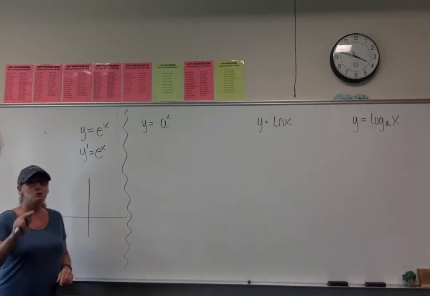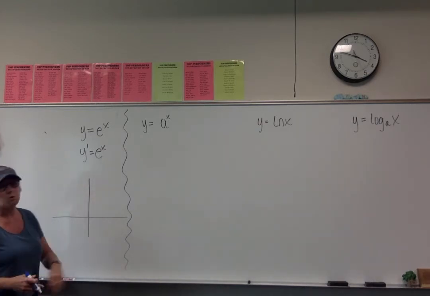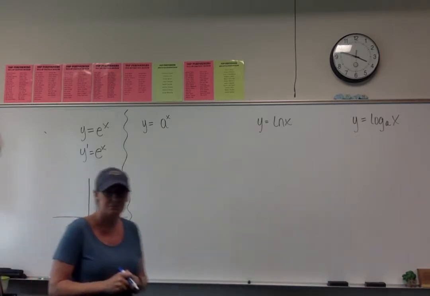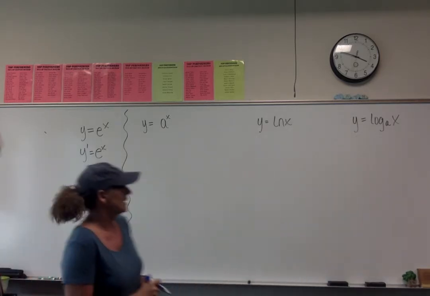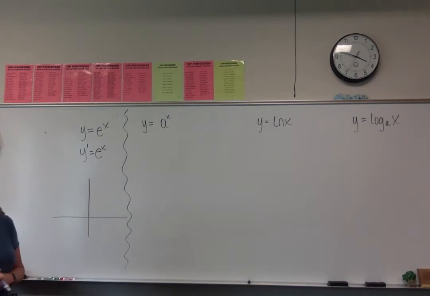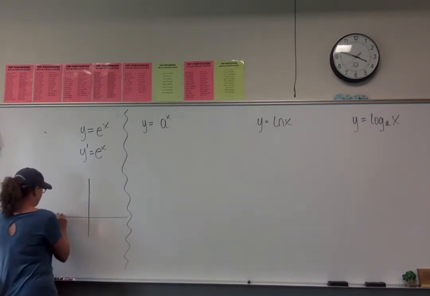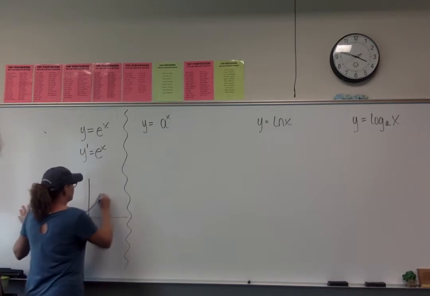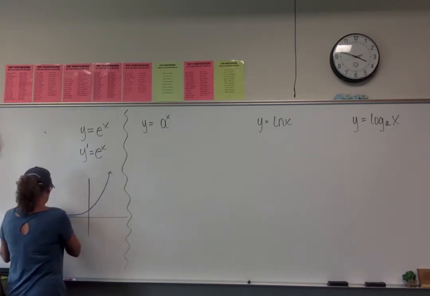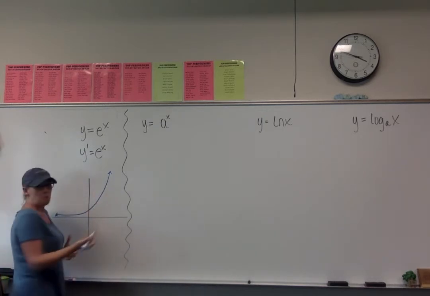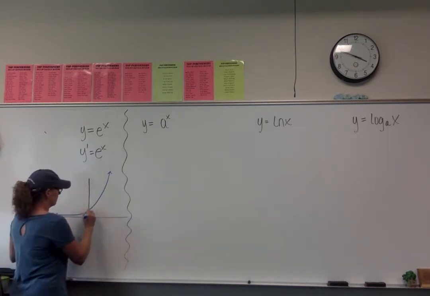You all are supposed to know what the graph of y equals e to the x looks like. Think about that for just a minute. Y equals e to the x. You should know what that looks like. That's what it looks like. Think about some points it passes through.